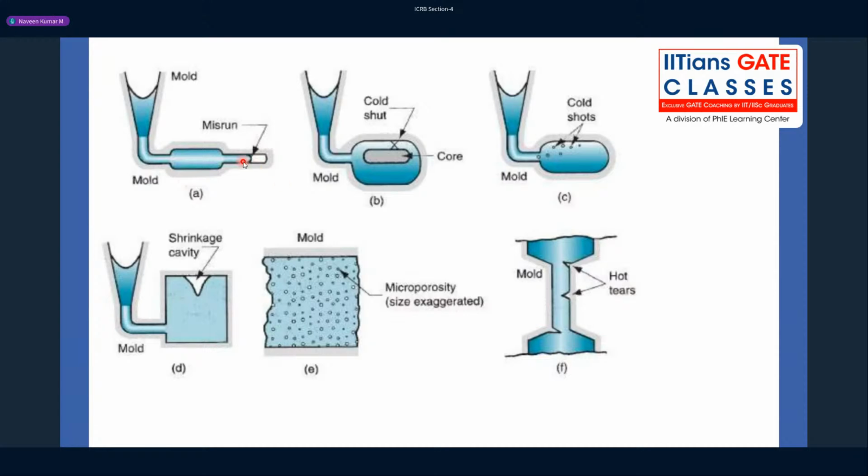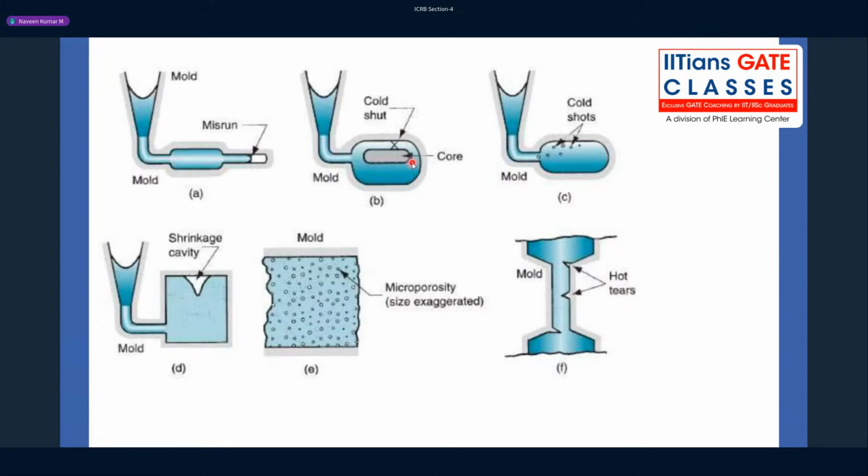Maybe the temperature of the liquid metal is not high, so by the time it reached the end point, it solidified. Because of insufficient fluidity, it suddenly solidified. If the fluidity or the temperature of the liquid metal had been good enough, this would not have happened.